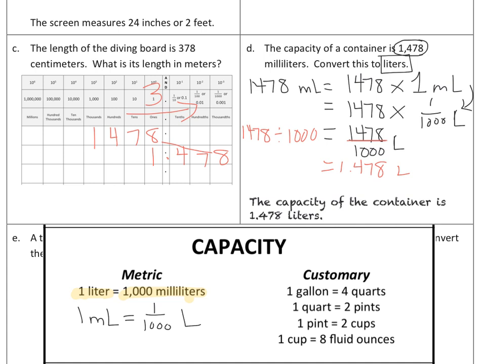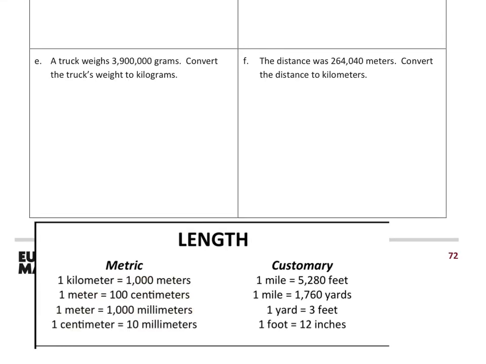Let's look at the last one below D. Look at F. All right, for F, let's see what they want. The distance was 264,040 meters. They want us to convert to kilometers. So looking at our conversion chart down here, 1 kilometer equals 1,000 meters.